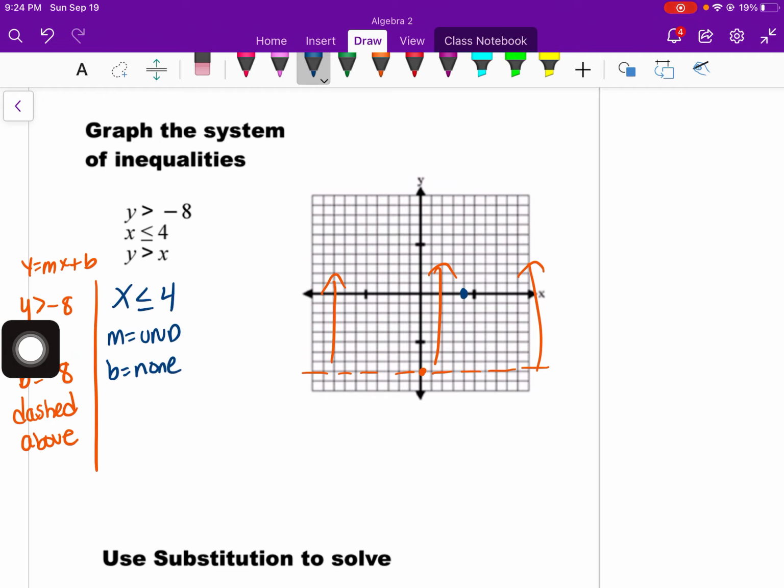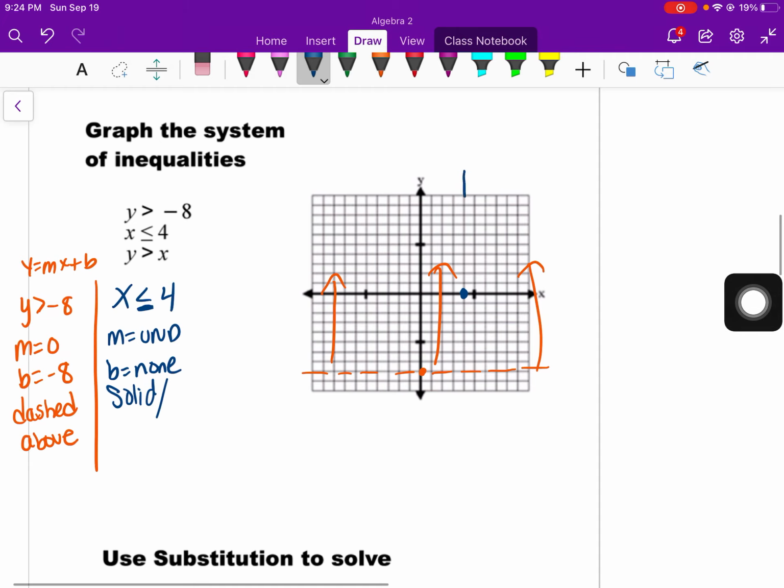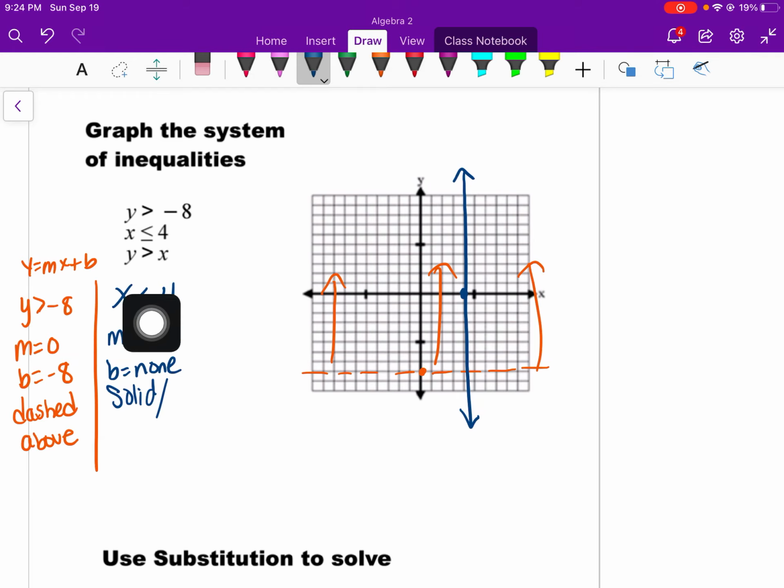So at x is positive 4 to the right from the origin, it's going to be a solid line this time because it's equal to. And then if you graph that quick, you're going to have a vertical line at x equals positive 4. And all the x values that are less than 4 are actually going to be to the left. Like 0 is less than 4. So we're going to shade this one to the left this way.